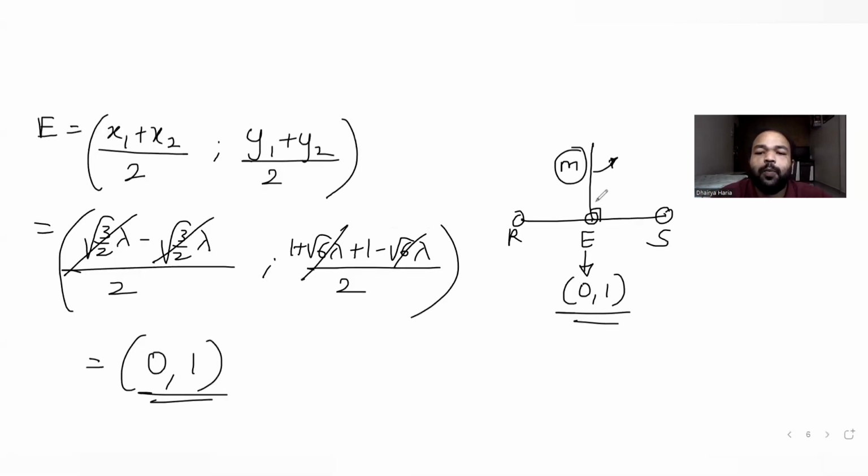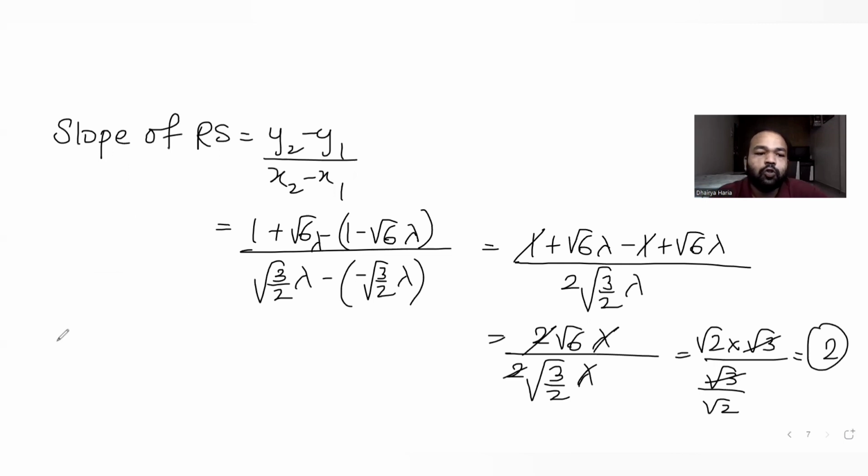So whatever is the perpendicular line to that, the slope will become the negative reciprocal. So slope m for the equation of the perpendicular bisector becomes the negative reciprocal of 2, that is minus half.